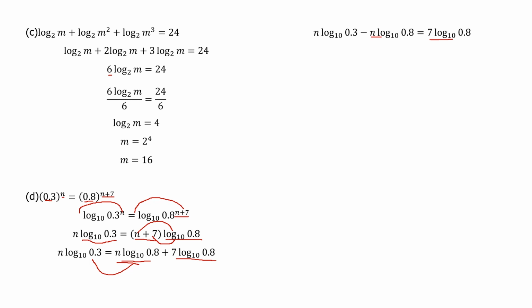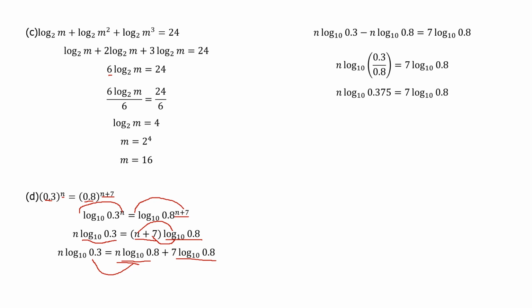Now when you look at the left hand side of the equation, the n is common, so I'm going to factor it out. When I factor it out, I'll be left with log of 0.3 minus log of 0.8. The minus implies that I can write the two expressions as a single log by getting 0.3 divided by 0.8 as here.